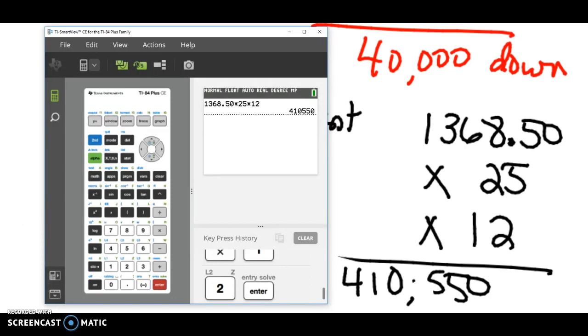So over the term of the loan, Martin and Laura pay $410,550, but they also made a $40,000 down payment.